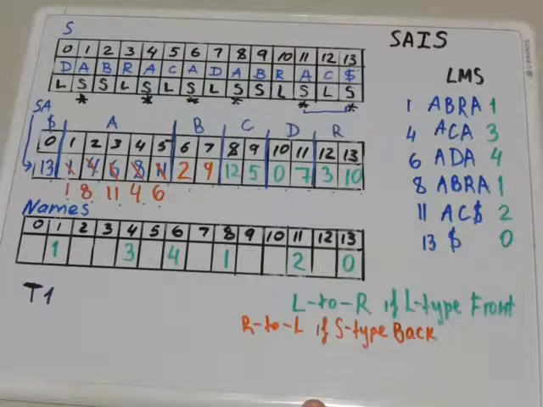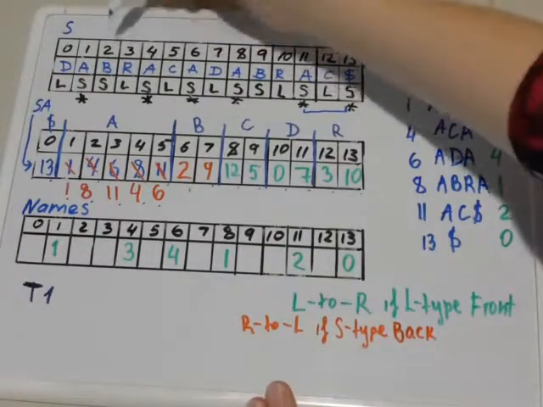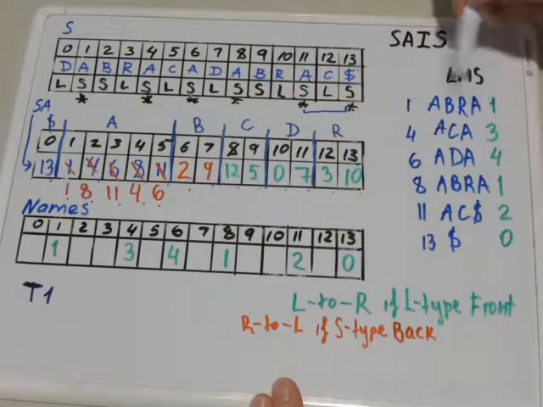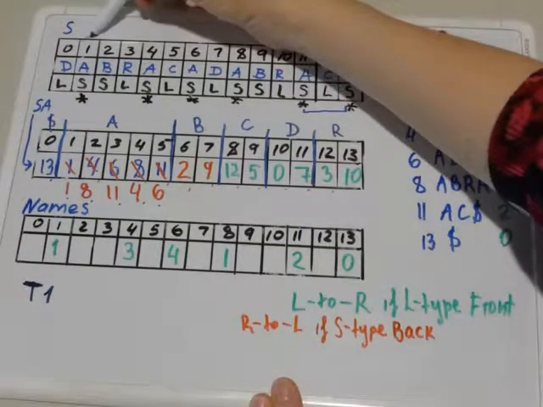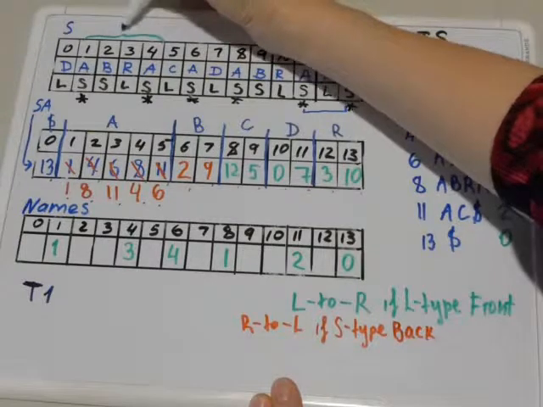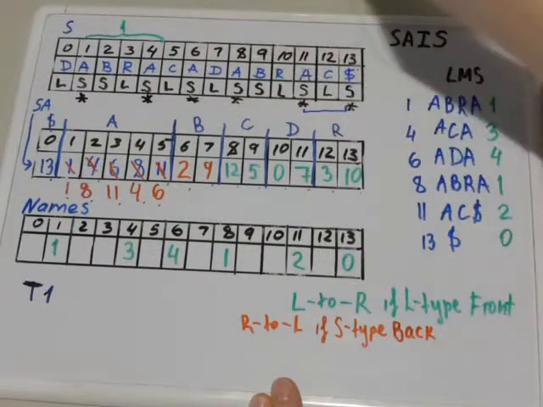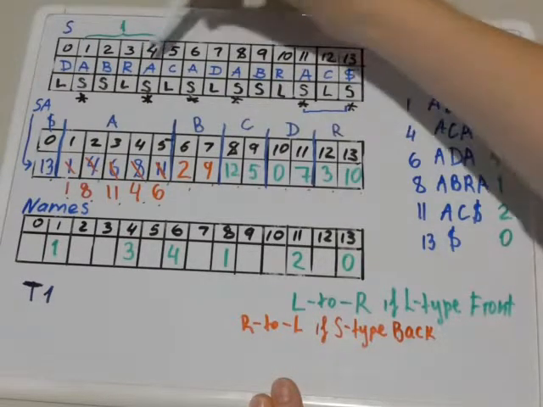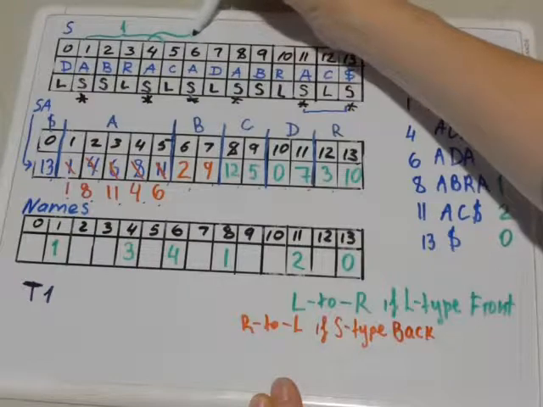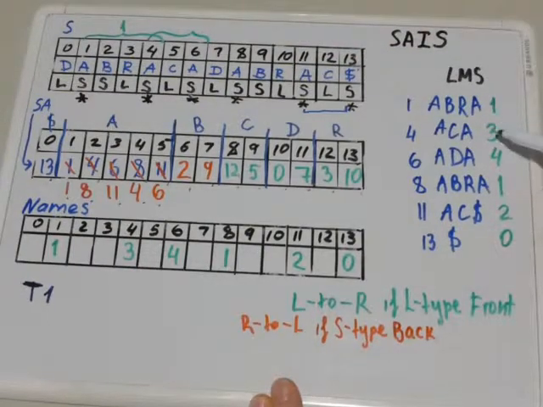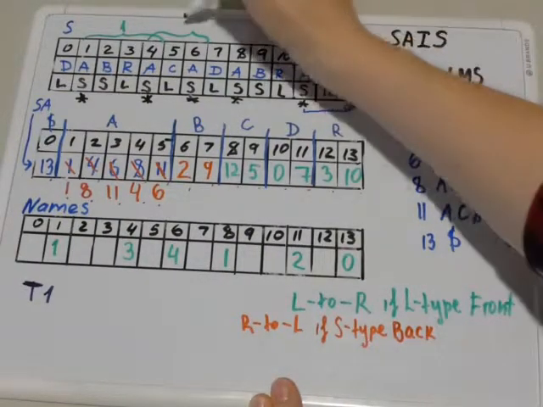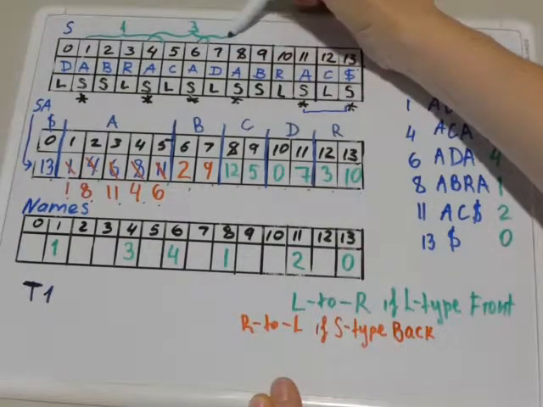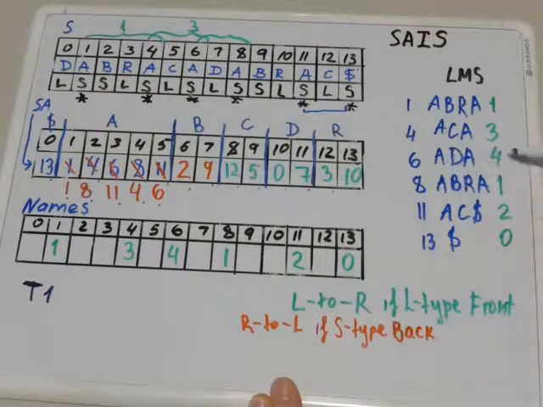If you visually look at what kind of names we assign to LMS substrings right here, Abra was assigned 1, so the entire string Abra here will be replaced with character 1 in T1. The next substring is ACA. The entire ACA will be replaced with its name 3. An entire ADA will be replaced with name 4.